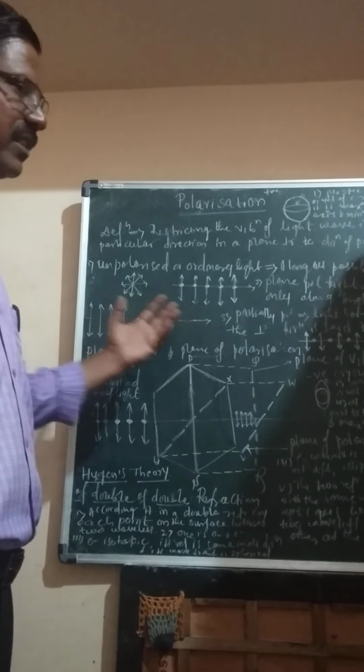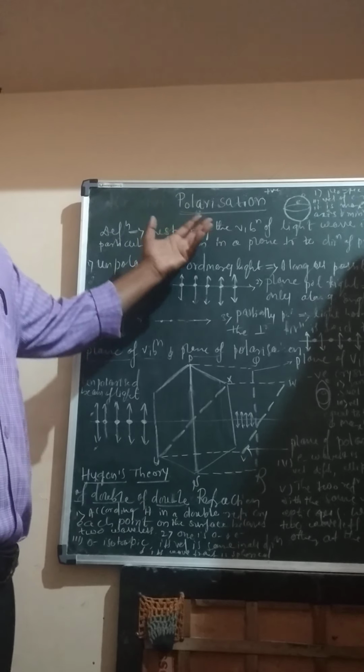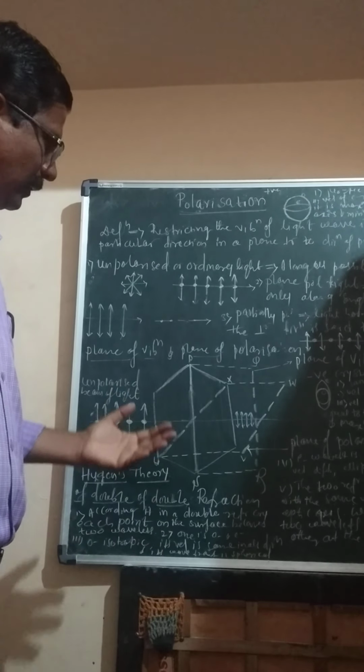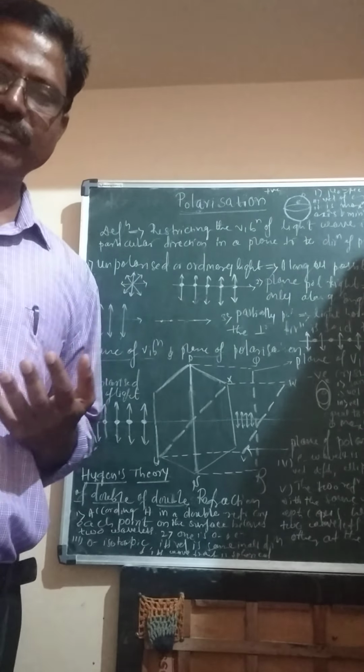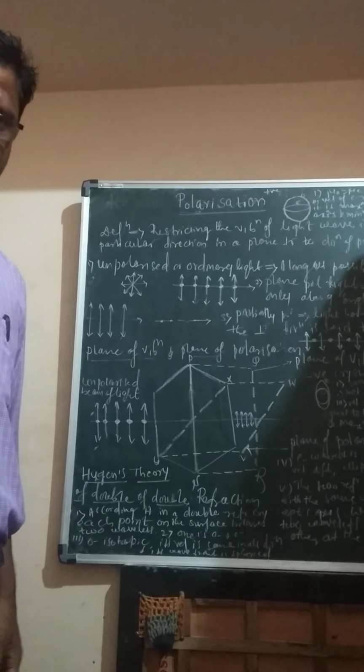So these are the basic things which we require for the development of our chapter on polarization. The first concept mentioned in your syllabus is Huygens' theory of double refraction.